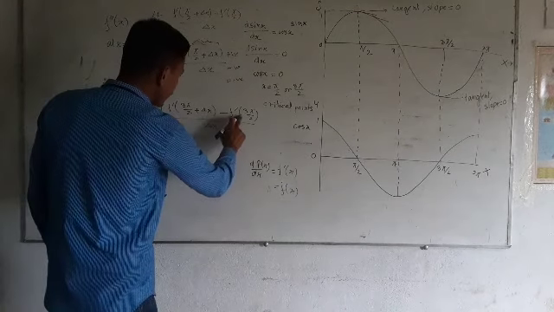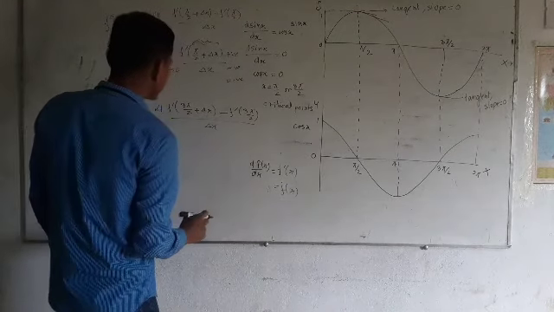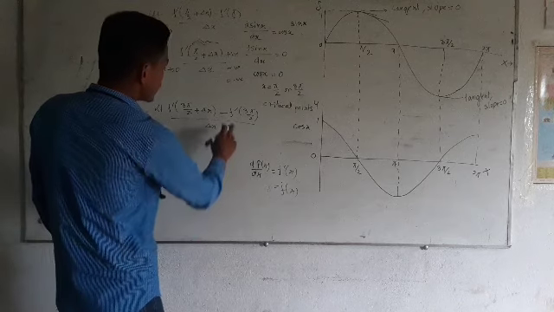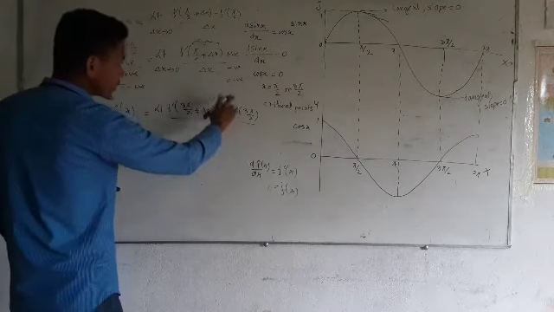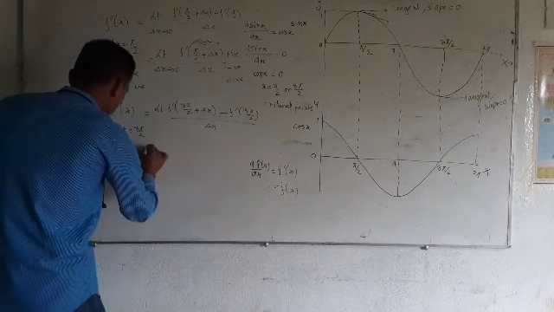Here f prime of 3 pi by 2 is equal to 0. That is, at this critical point, the slope of the function is equal to 0. That is already known.